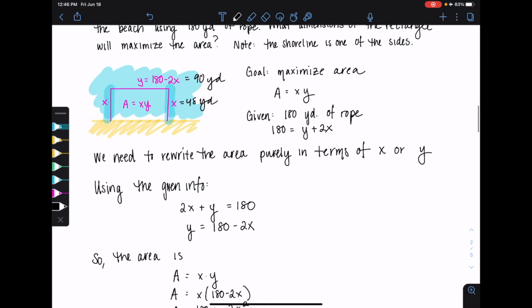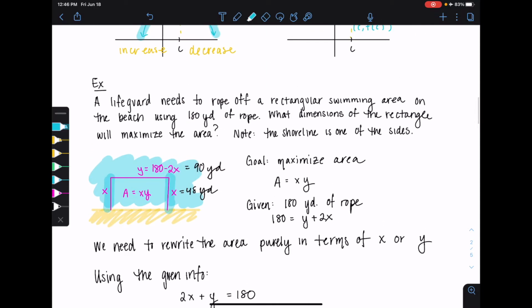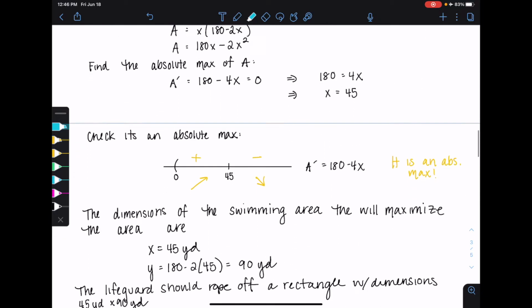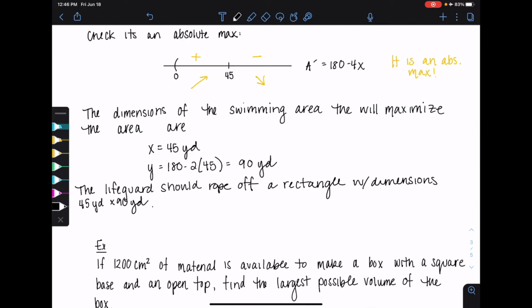If I go back up to my question, that does indeed answer it: what dimensions will maximize the area? If it asked for the maximum area, you could just multiply it, so 45 times 90, and you would see the maximum swimming area would be 4,050 square yards. But this is all it looked for, just the dimensions of the maximum swimming area.